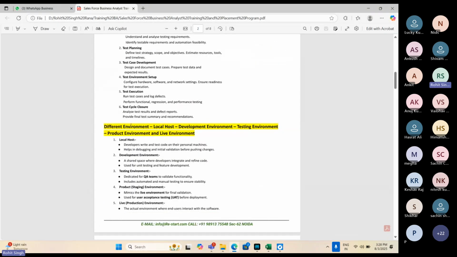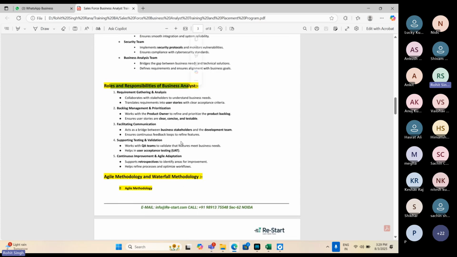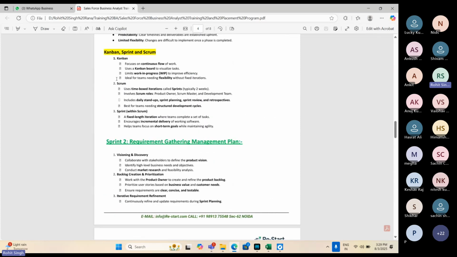Then comes different environments wherein web development or app development happens: local host development, testing, product, and a live environment. Then we would be discussing different teams and their roles, business analyst roles, different methodologies, agile, waterfall, different techniques, Kanban, sprint, scrum.